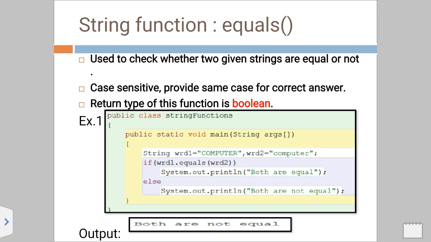See, in my example, I've taken two words, that is computer and computer, in WRD1 and WRD2. First one is in uppercase, second one is in lowercase. If we are comparing both, then equals provides us false. That's why I'm getting both are not equal as my output. If I'm writing both the words in uppercase, then what happens?